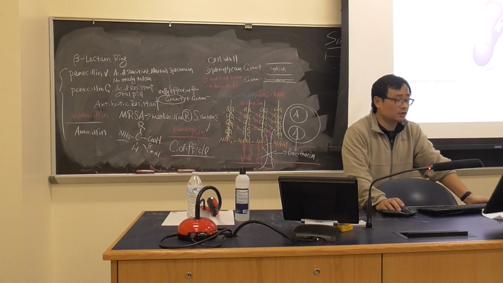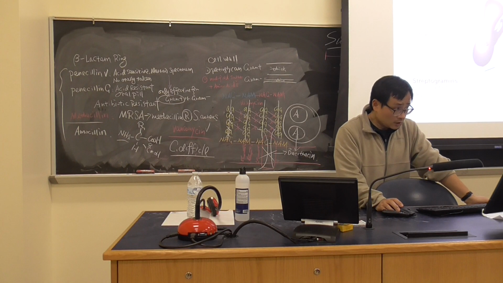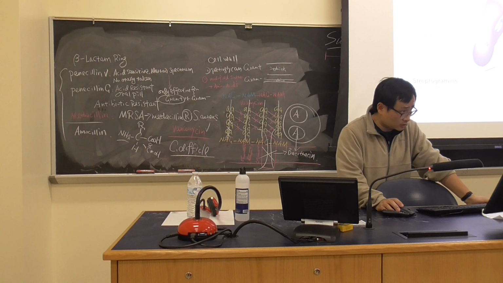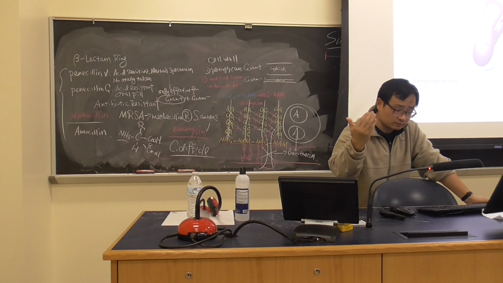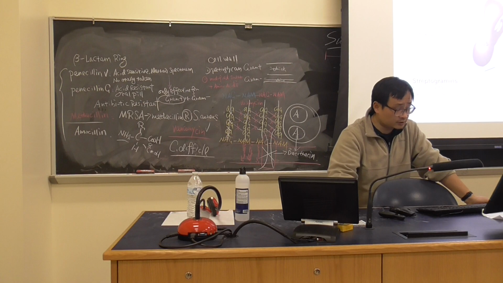However, it is not used anymore because of a severe side effect: it attacks the bone marrow system, which is the center of the immune system. So if you're using chloramphenicol, your white blood cells, red blood cells, T cells, and B cells could dramatically decrease, which means your immune system could be damaged. So people only use it in life-threatening situations.